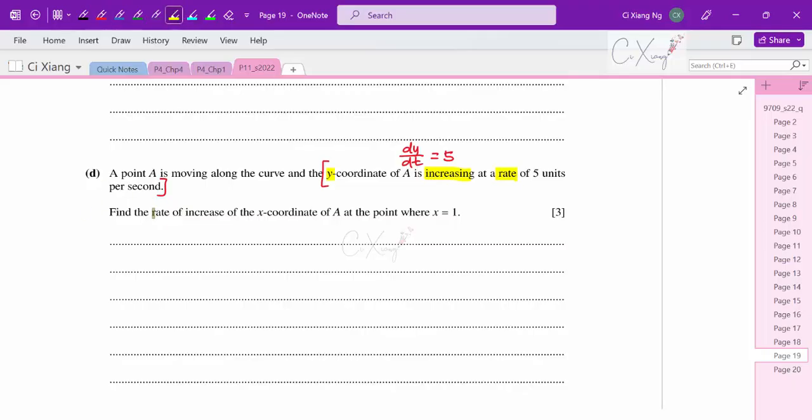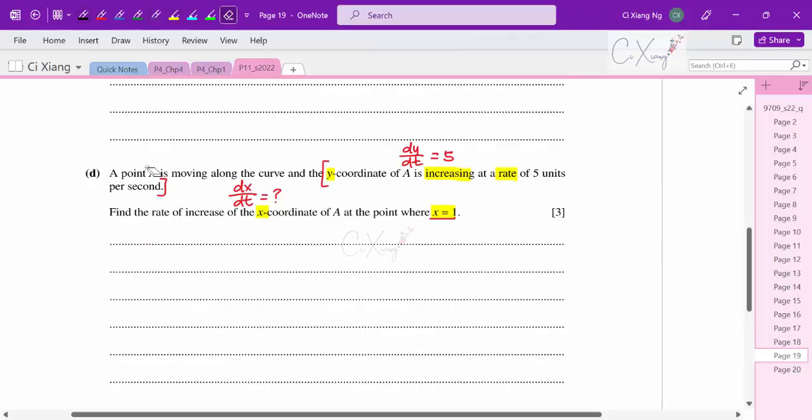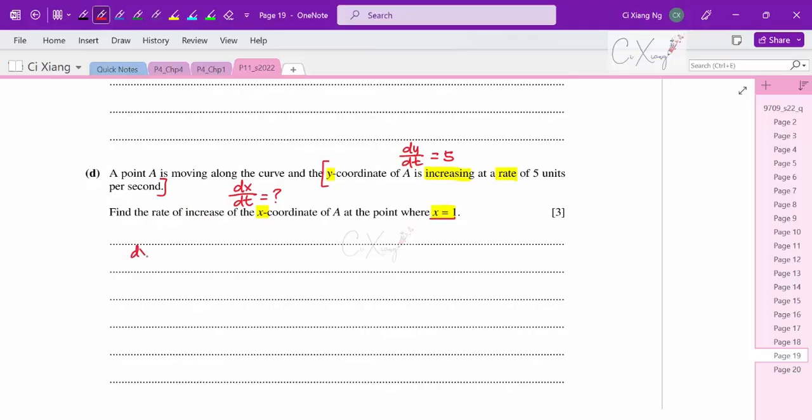This is the information that we get from this sentence. After that, they want us to find the rate of increase of the x coordinate at the point where x equals 1. They are asking for dx over dt, at the moment where x equals negative 1. So from all the information that we have, to find dx dt, I can write out a related chain rule.